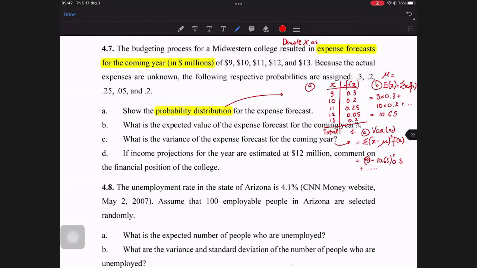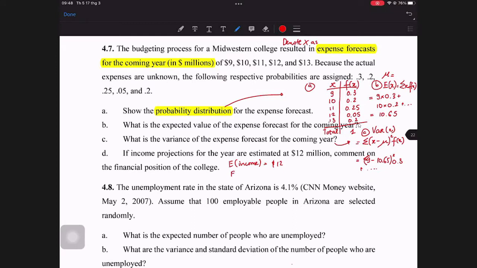If the income projection for the year is estimated at 12 million, comment on the financial position of the college. So from what we have here, the expected income is $12 million.